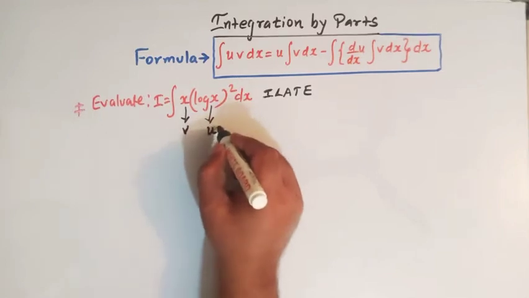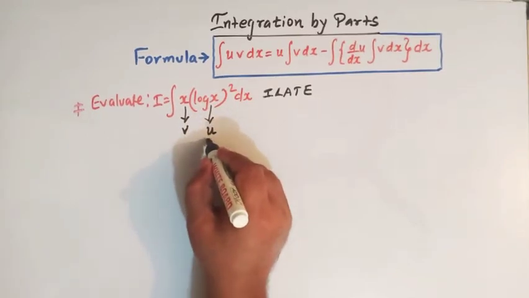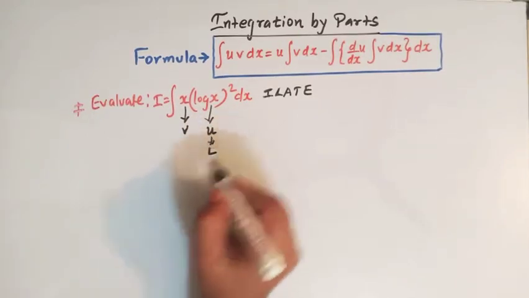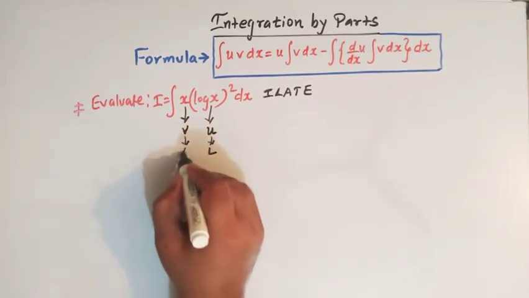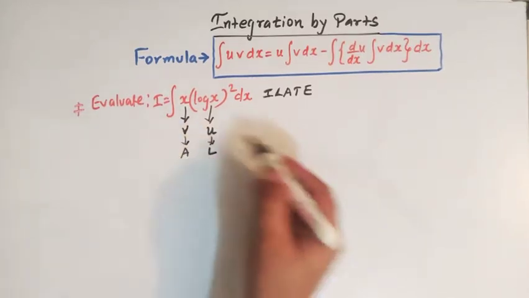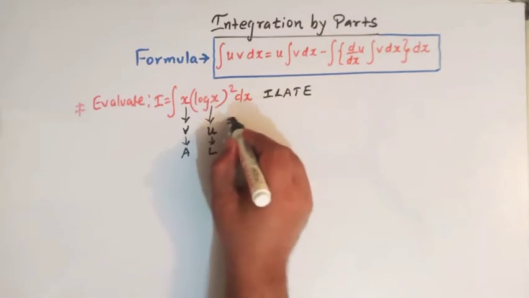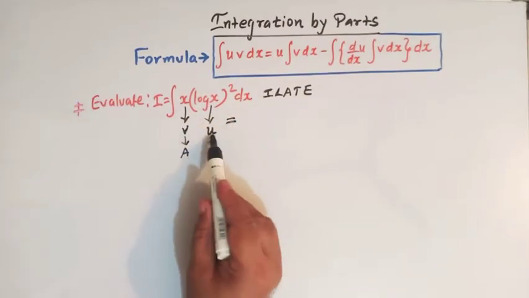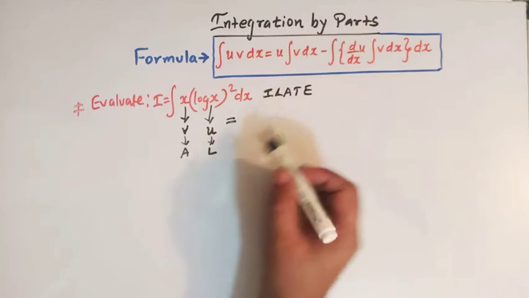So this is the first function, this is the log function, and this is the algebraic function, right? So let us substitute the value of u and v in this equation.